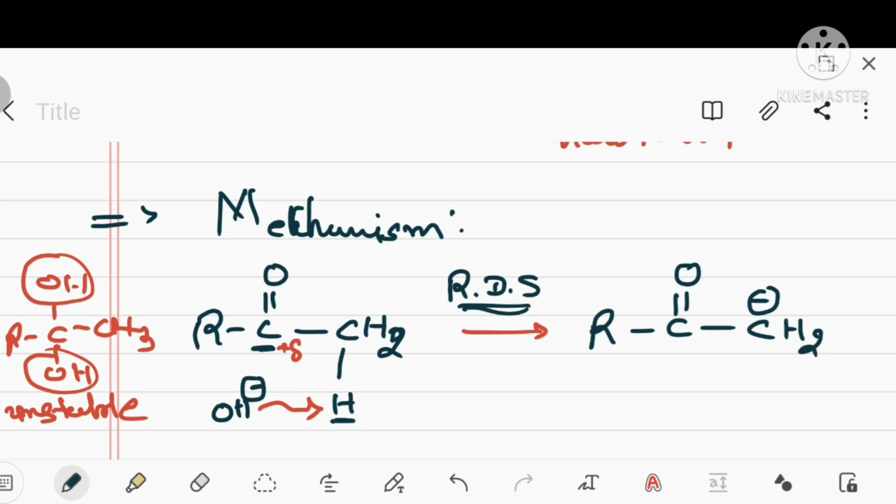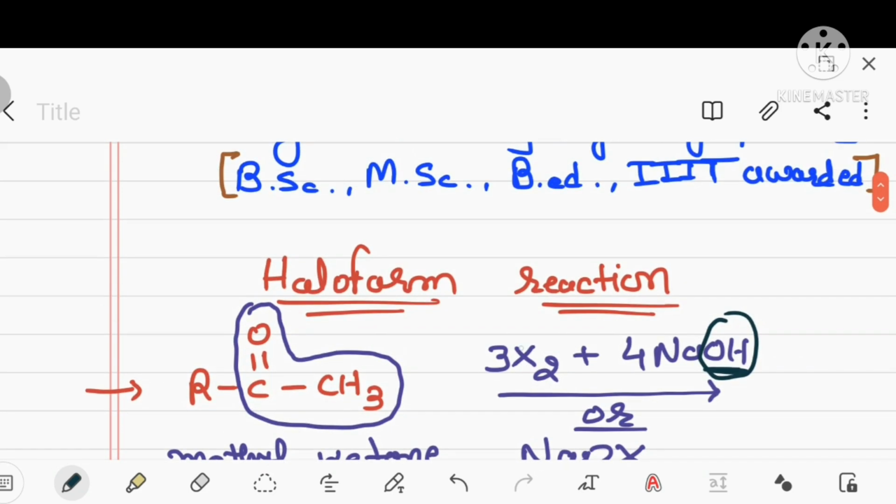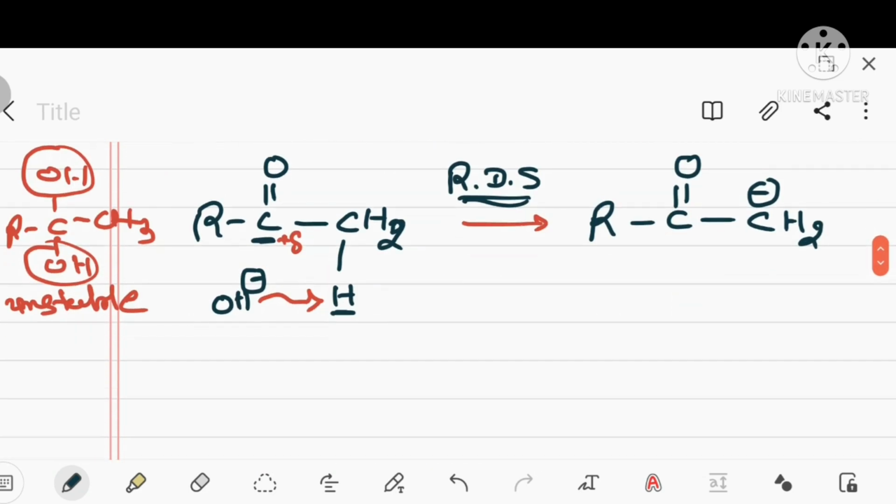First it is forming the carbanion, and then after it is reacting with this halogen species X2. Okay, so you can see that in the halogen X-X, one is partially positive and another one is partially negative, due to induced dipole moment.